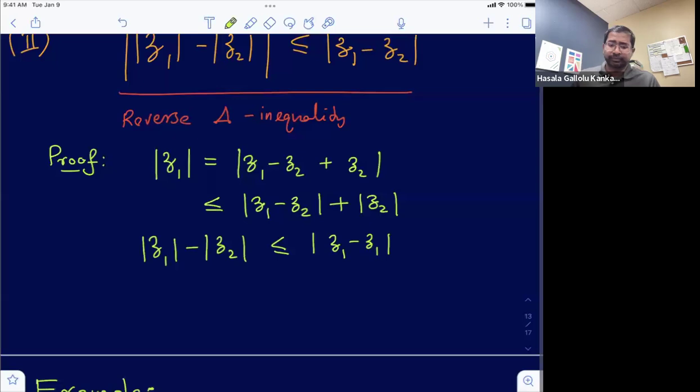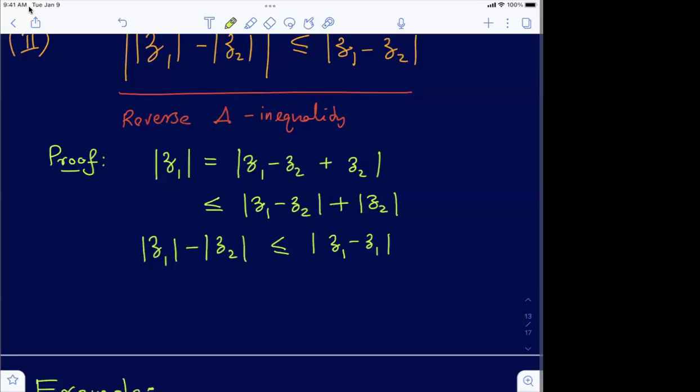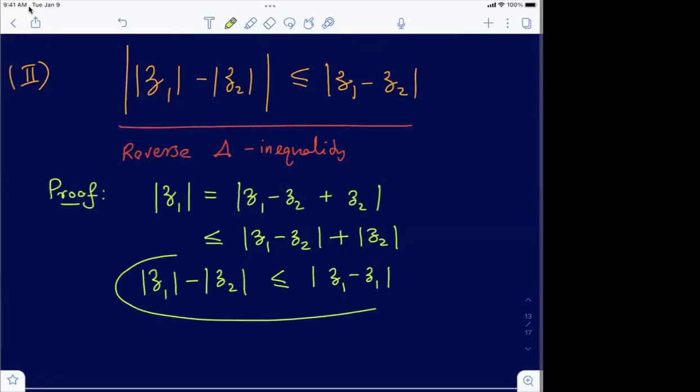Now what can we do? Now if you consider this form, look at this, compare it with what you need. What you need has an additional pair of absolute value symbols.